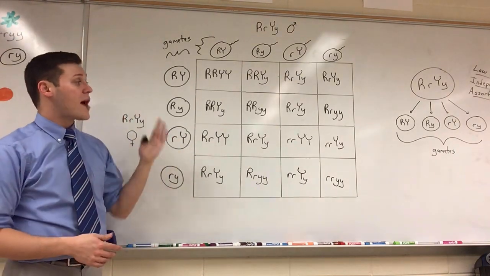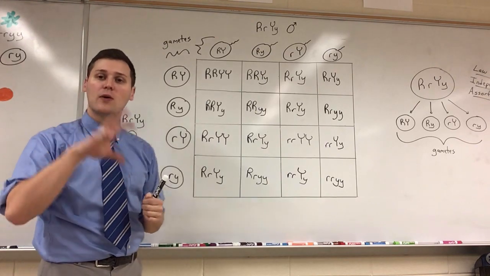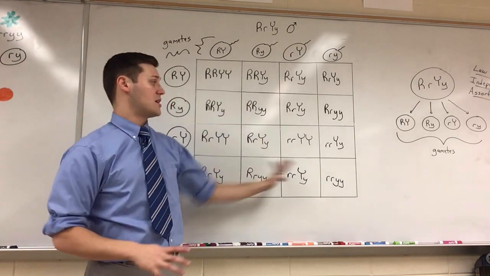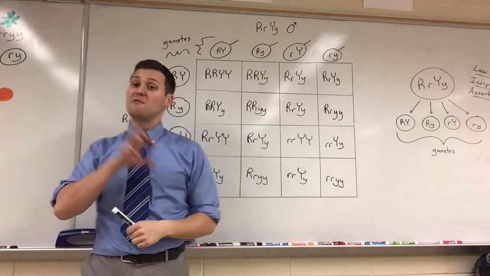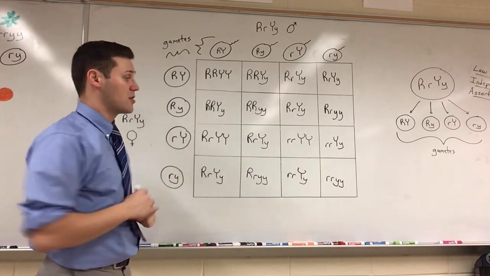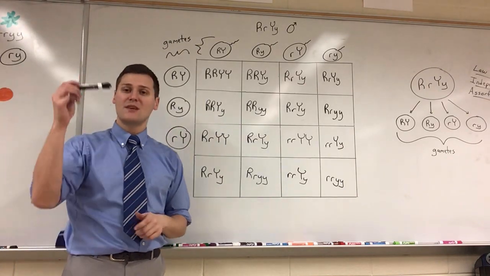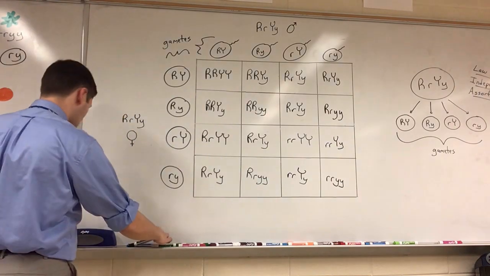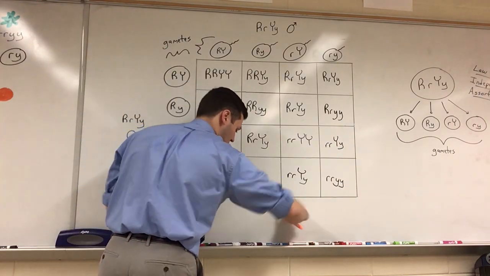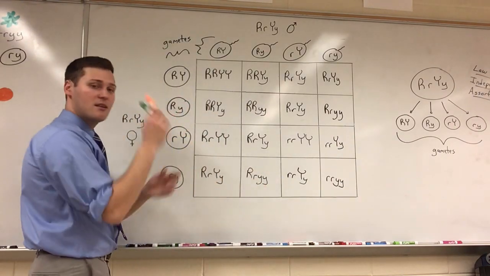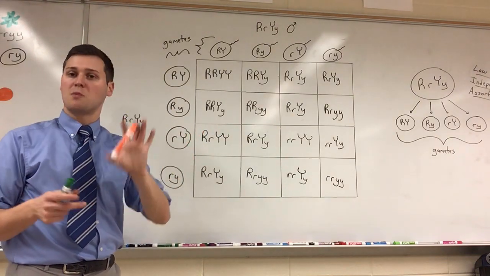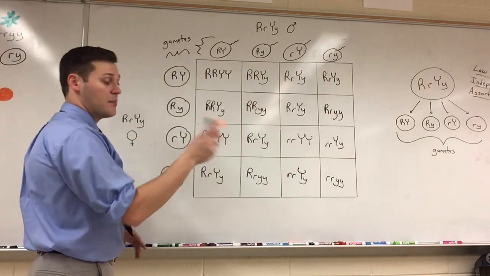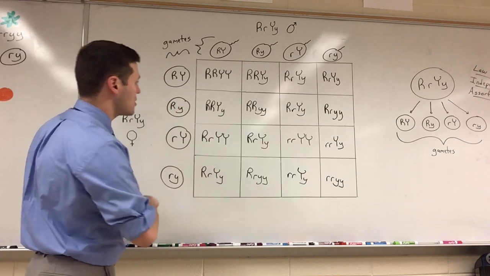Now, we already have the genotypes, but if we were to figure out the phenotypes of this particular cross, we would see a very specific ratio. So let me just have my green and technically orange, but we're going to pretend it's yellow, markers.